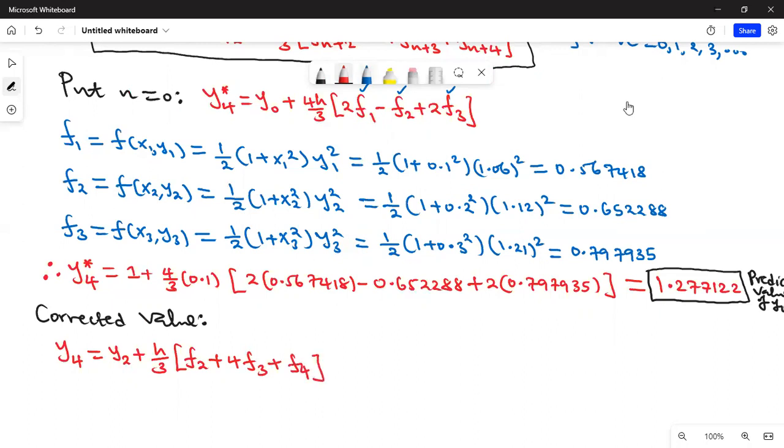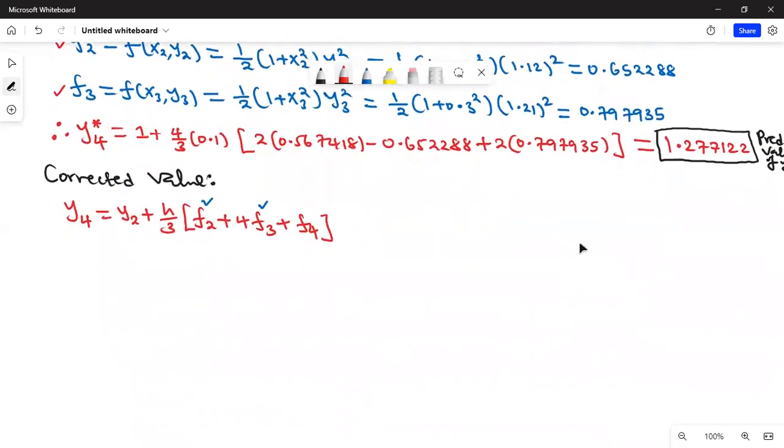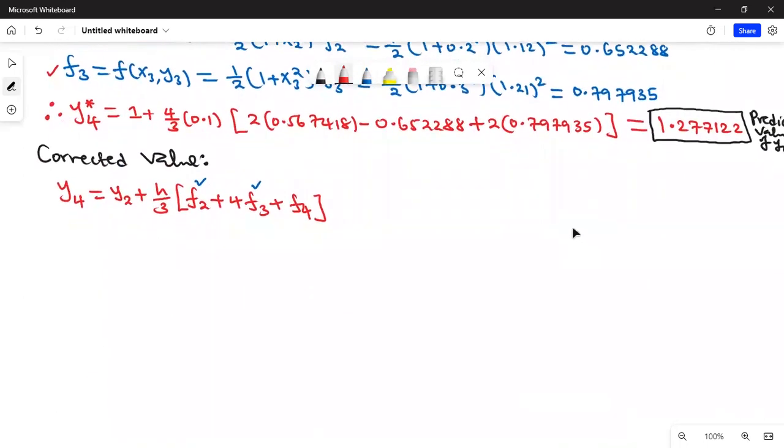Already we have the value of f2 and f3. We have them from here. f2 is this, f3 is this. Let's compute f4 and then we substitute into the corrector formula.